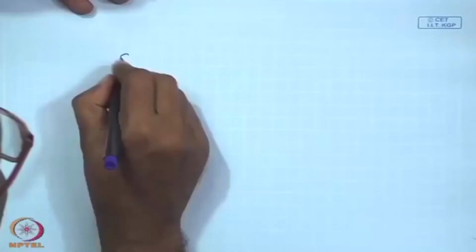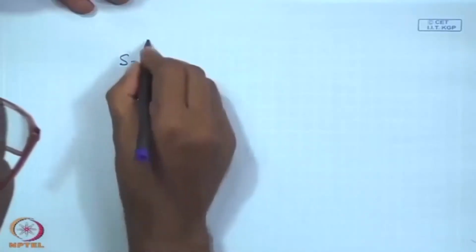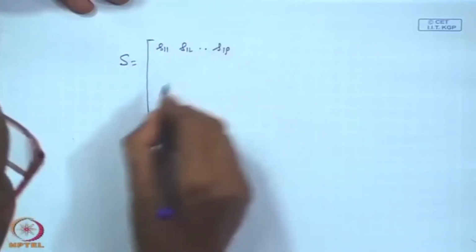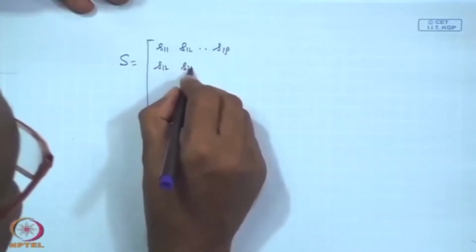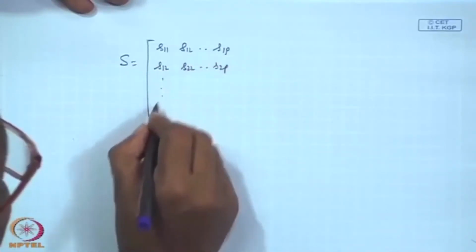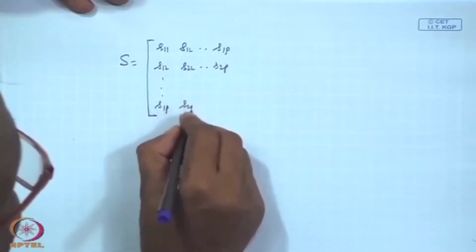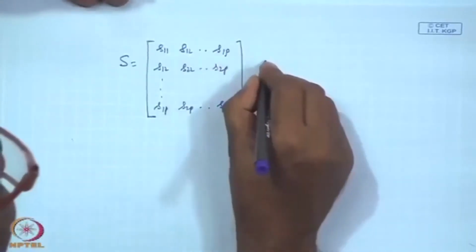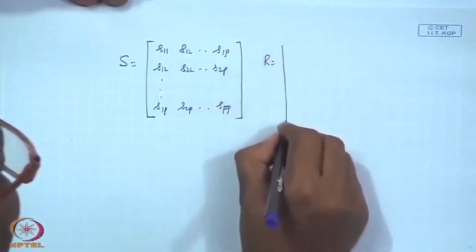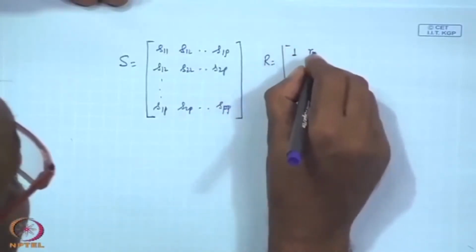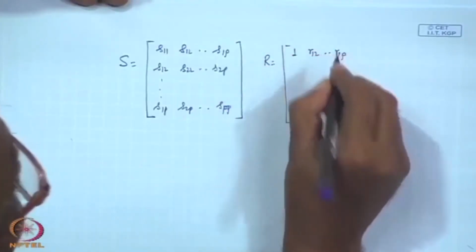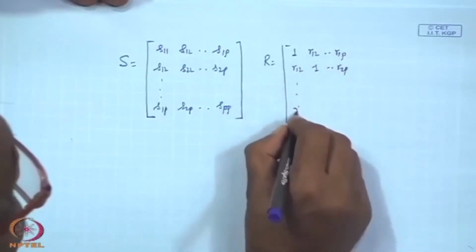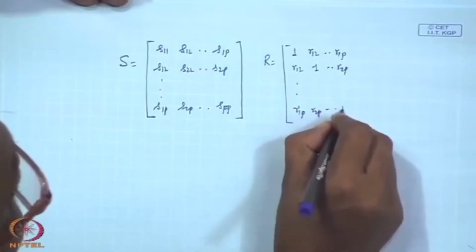Suppose my covariance matrix is S11, S12, S1p, S12, S22, S2p, up to S1p, S2p, Spp. My correlation matrix is 1, R12, R1p, R12, again 1, R2p, and so on, R1p, R2p, 1.